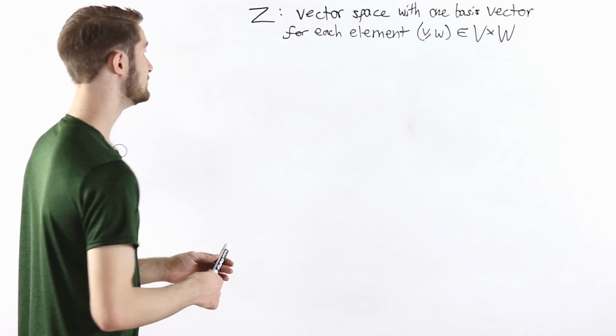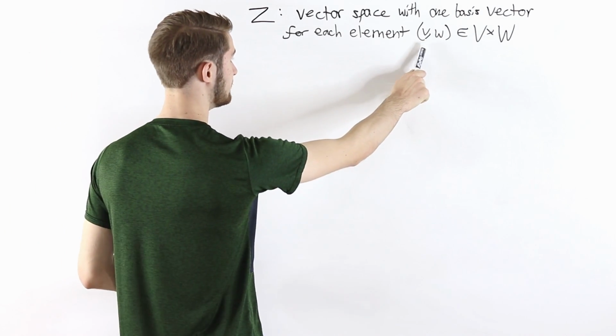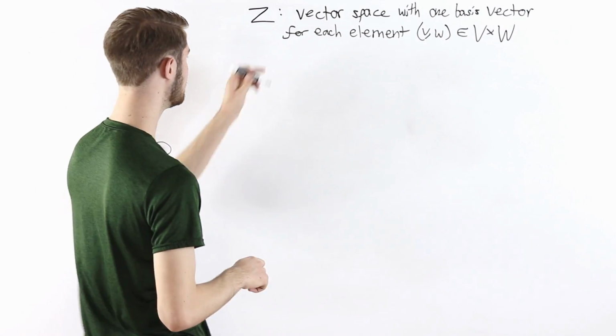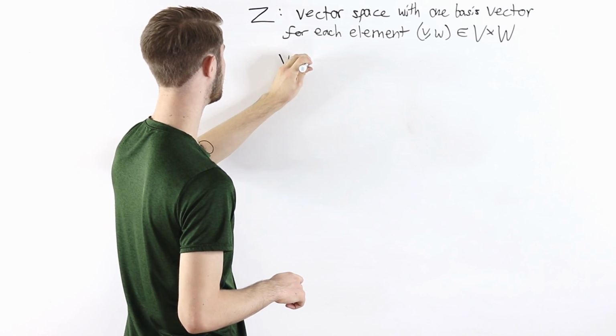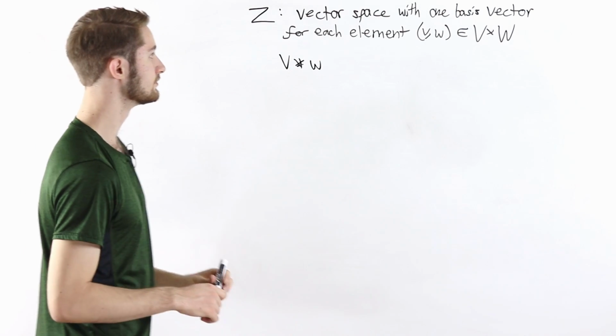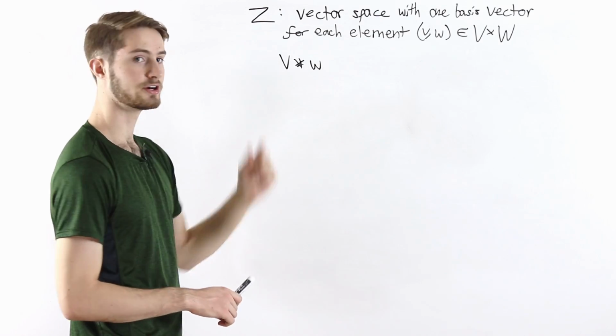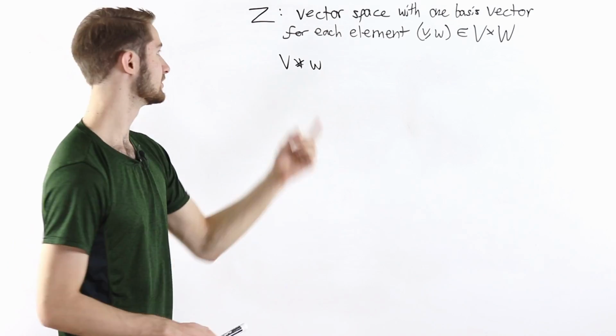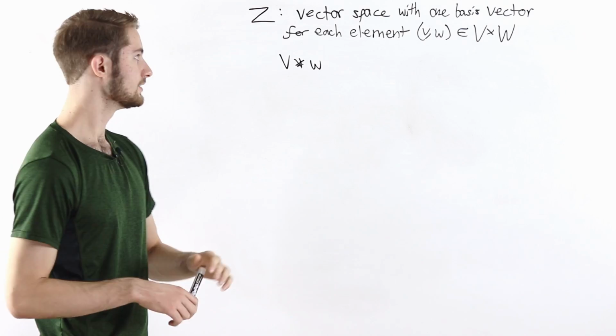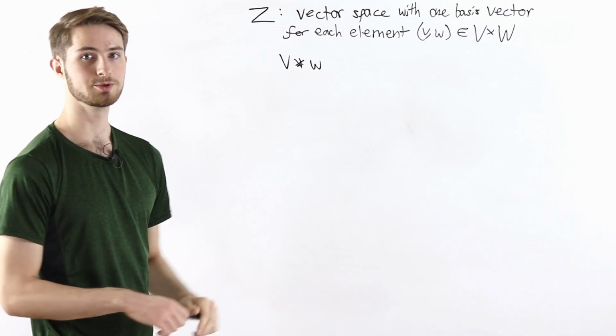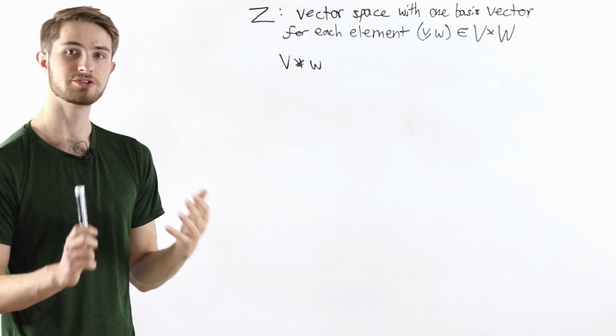And the way we're going to denote the basis vector of this ordered pair (v, w) is v star w. So for each pair (v, w), we have an element here, v star w, that is a basis vector for Z.